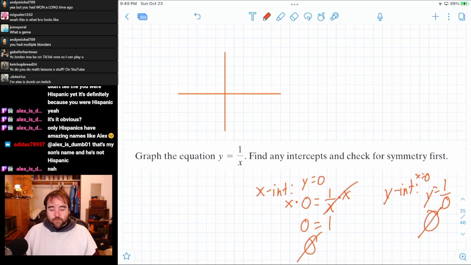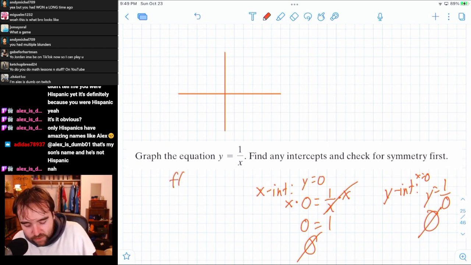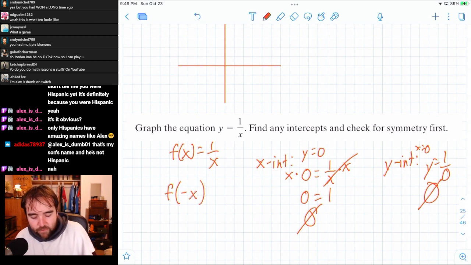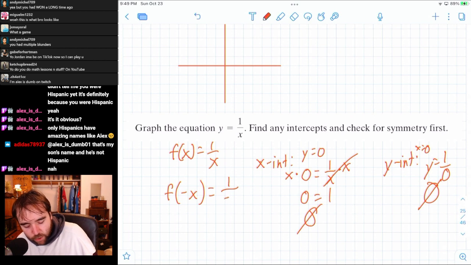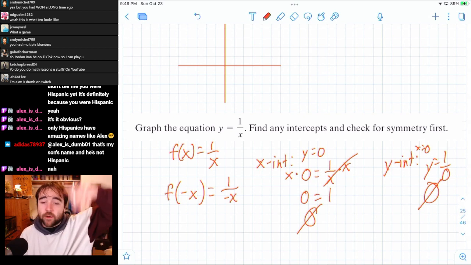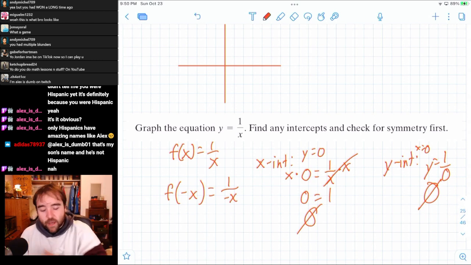And then check for symmetry. When we check for symmetry, this is an actual function, so I'll rewrite it as a function. We plug in negative x and find f of negative x. Well, we get 1 over negative x. But if it's just a negative in a fraction, very important to remember that the negative can be anywhere: top, bottom, outside, doesn't matter.